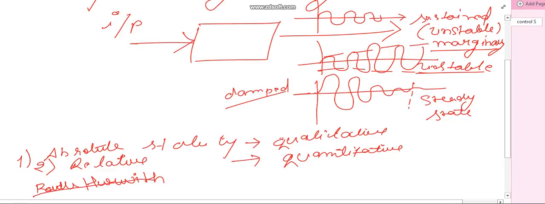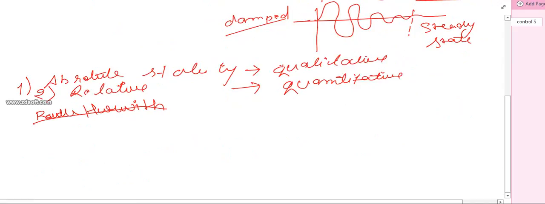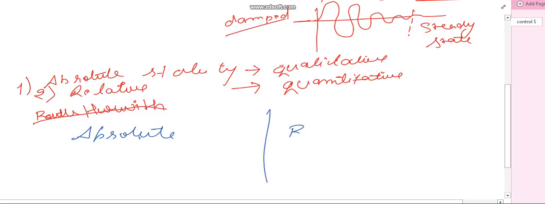There are many stability criteria that we are going to see, but at the beginning, when you talk about absolute and this is relative.